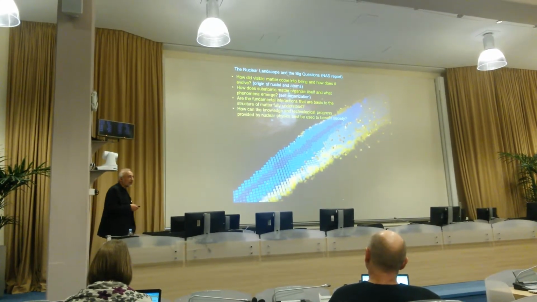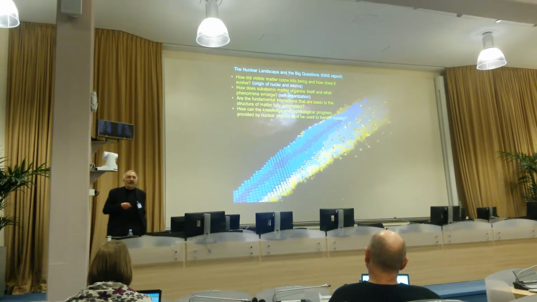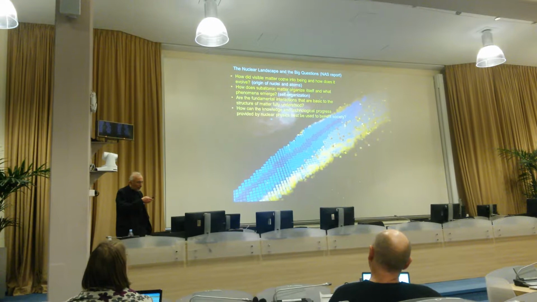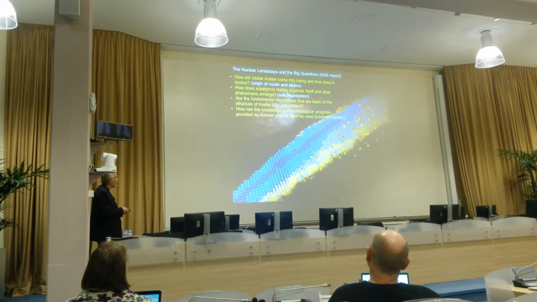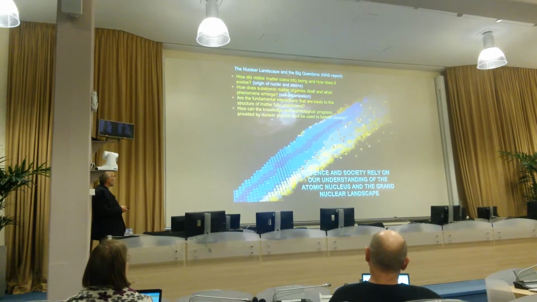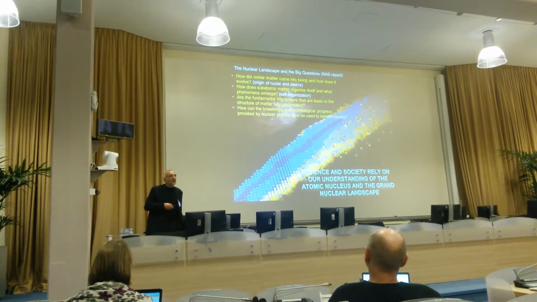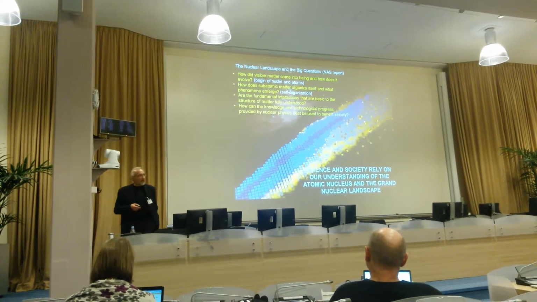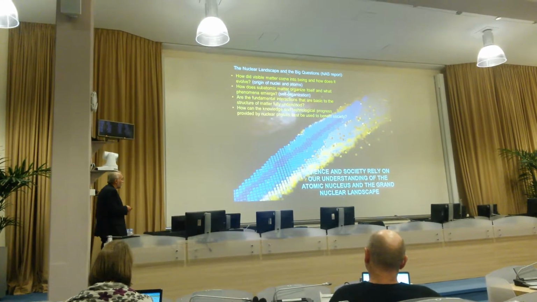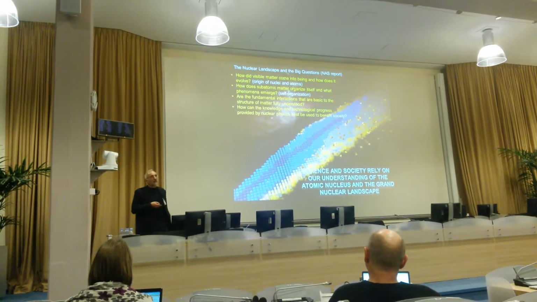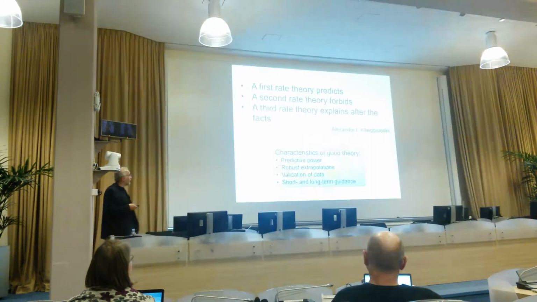And the fourth one was already very nicely discussed today in 2 talks on applications. So an important point to be made is that science and society both rely on our understanding of the atomic nucleus and the grand nuclear landscape. So we are the group to provide this understanding.